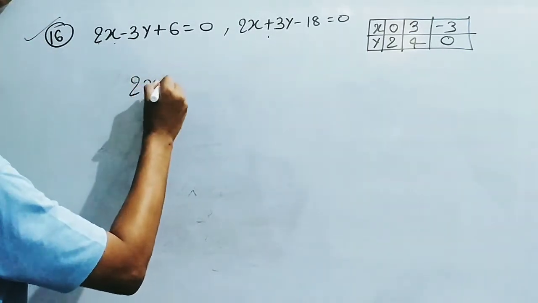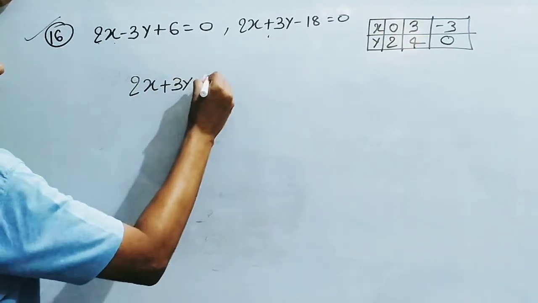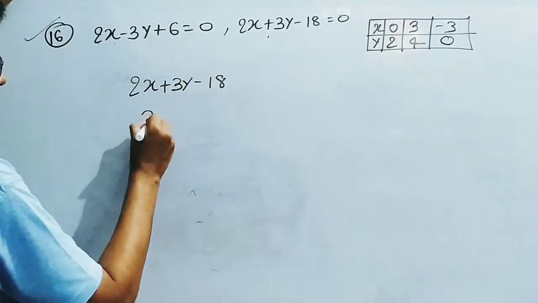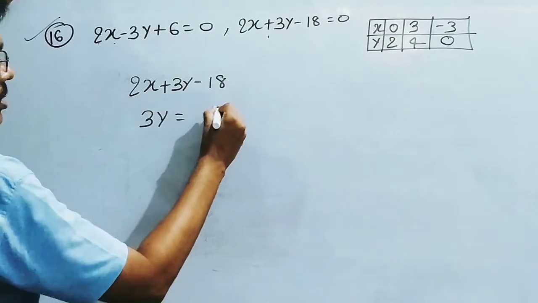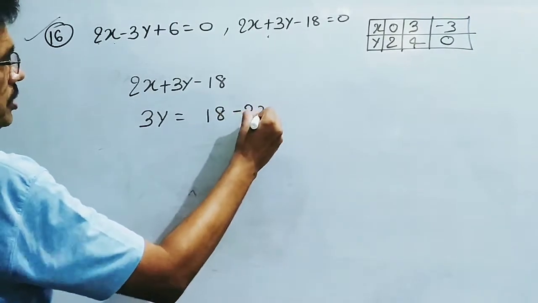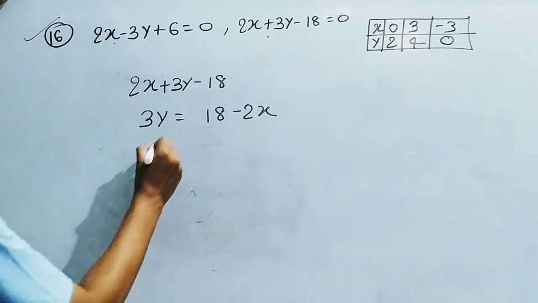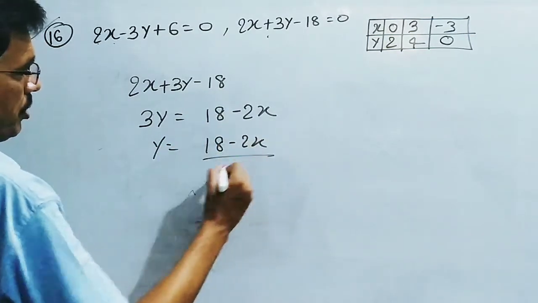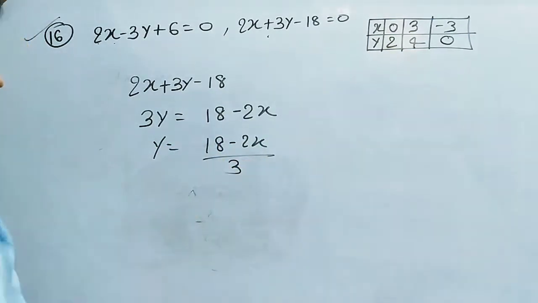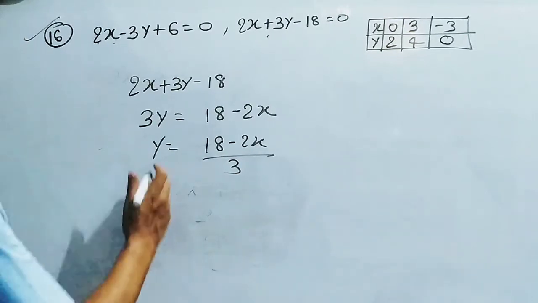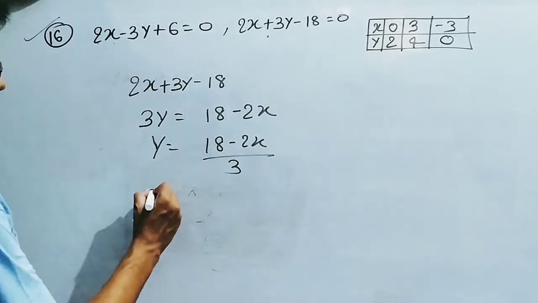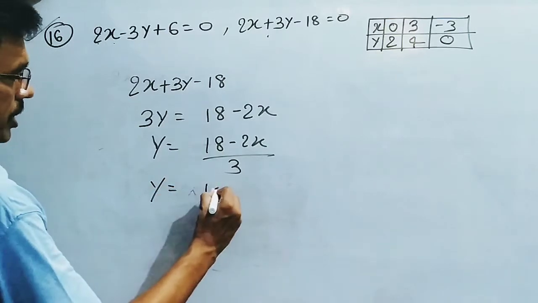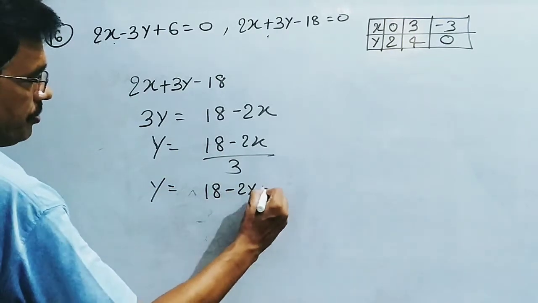So here is 2x plus 3y minus 18. So what is 3y? 3y is 18 minus 2x. What is y? y is 18 minus 2x by 3. Dear students, you write the value of x as 0.